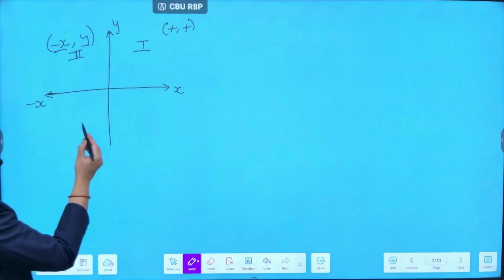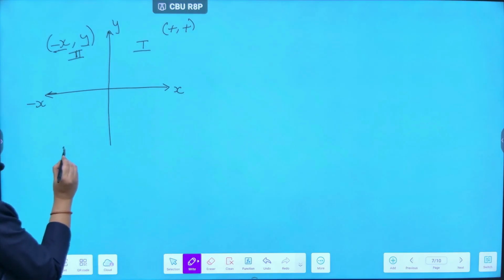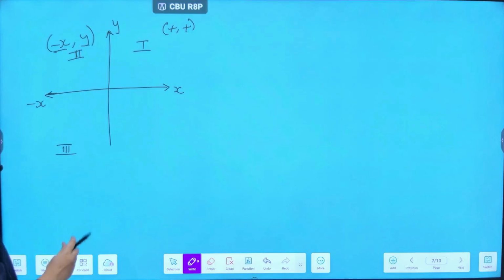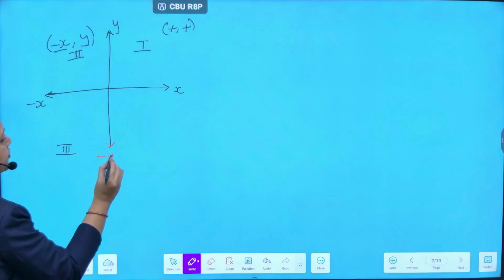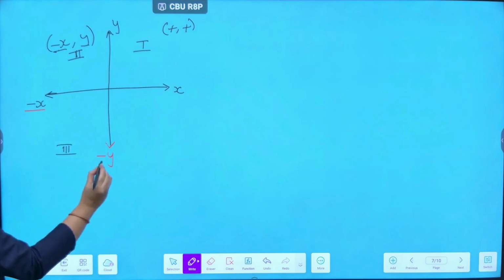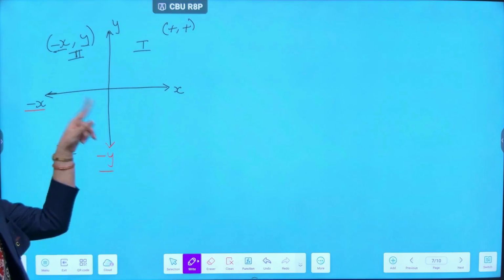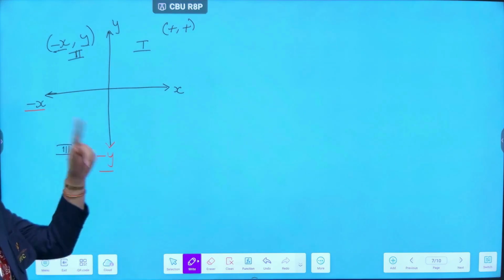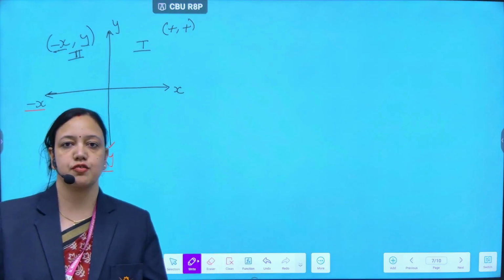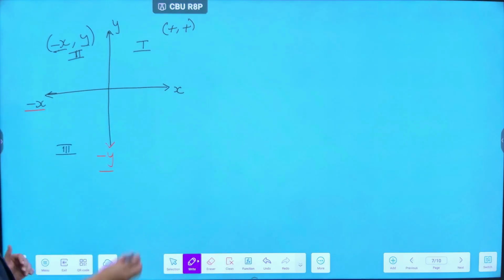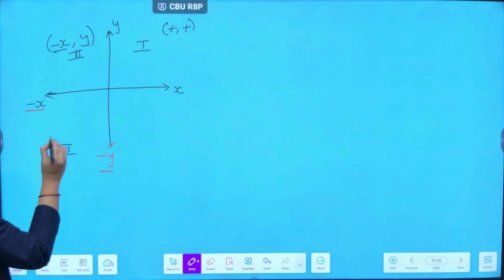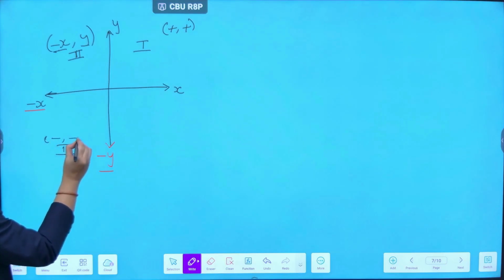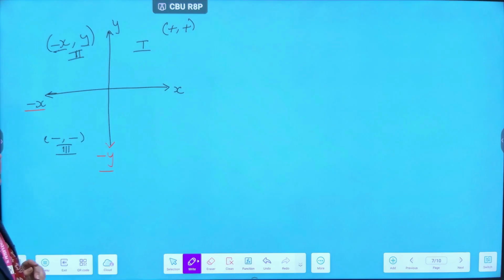Now, moving to the third quadrant. In the third quadrant, x is negative, y is negative. Both the axes are negative. So after following the sign convention, if I get Fx and Fy both negative, it means my force is lying in the third quadrant. Now finally coming to the fourth quadrant.